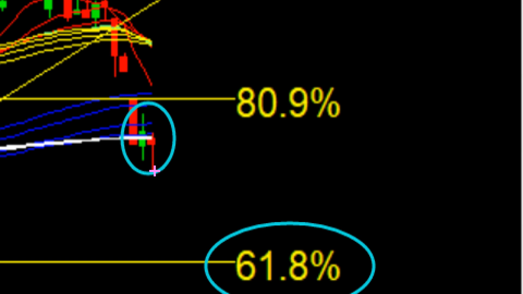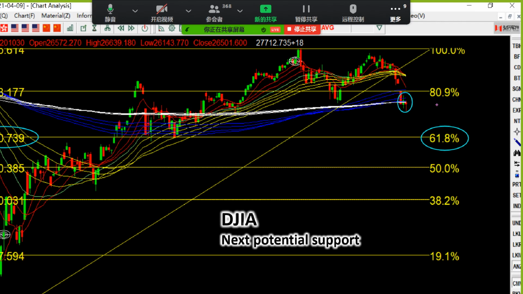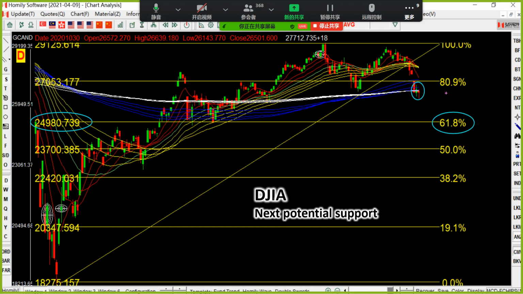The long lower shadow represents that intraday the chart dropped so much, but at the low point, strong buyers' power let the price go up, so that represents a turning up. Then another thing is, according to Fibonacci retracement or golden section, we find the next important level is around 25,000 for the Dow. So that is another potential level.